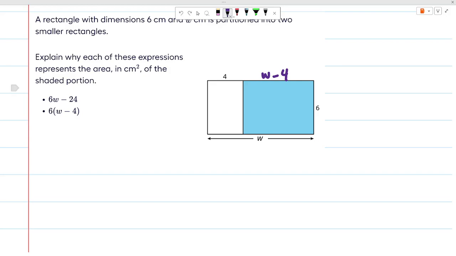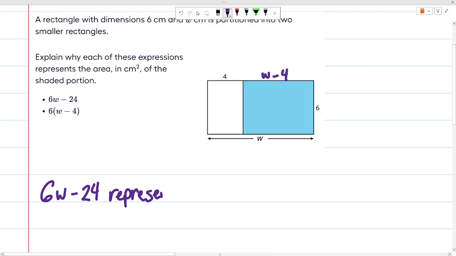Okay, so let's first look at 6W minus 24. So let's say 6W minus 24 represents the area. You're writing this in your notebook. Represents the area because, well, let's look at what 6W minus 24 is.